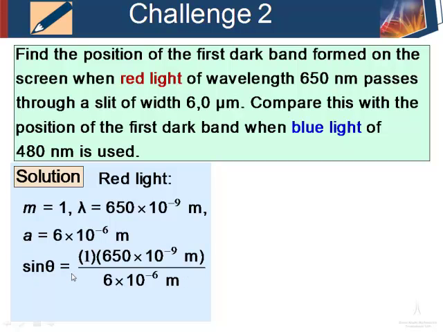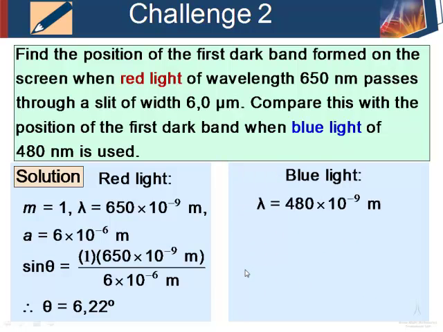Sine theta equals m lambda divided by a, and so we have, we're looking for the first dark band, and there's our wavelength, and there's our slit width. And so the answer is that the first dark band would be found at an angle of 6.22 degrees from the center of the central band.